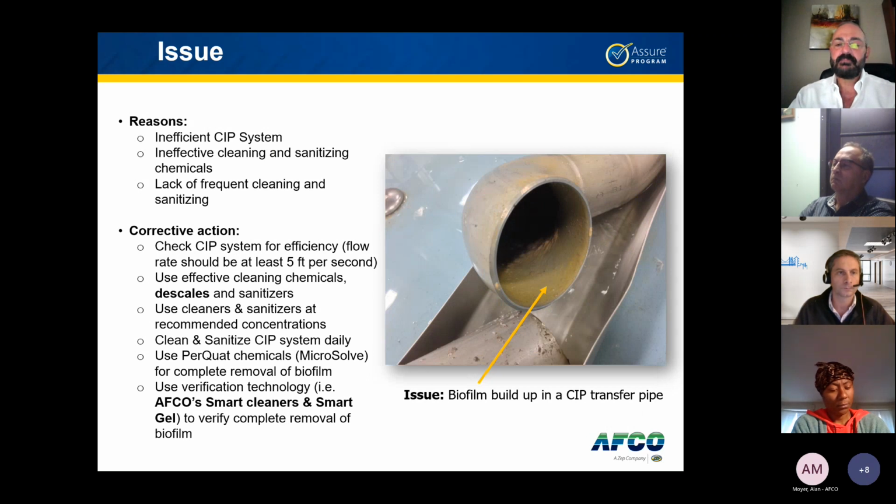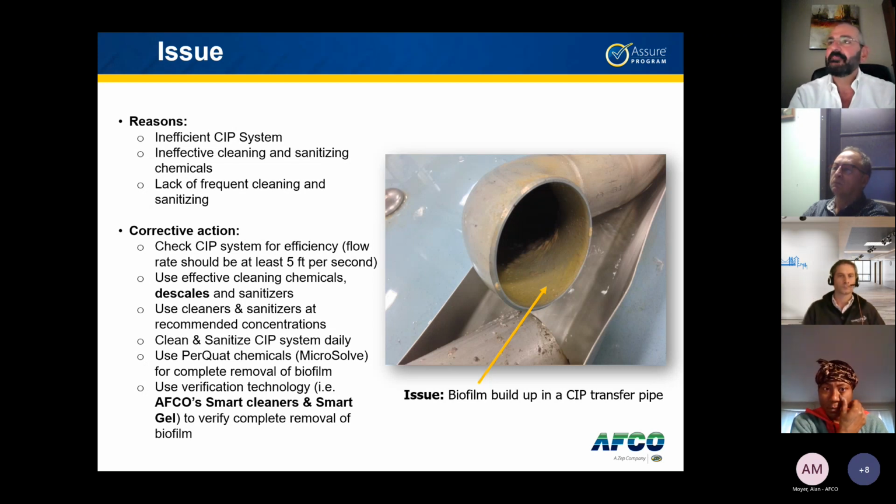This is a CIP pipe. Obviously, they're not doing a good job cleaning it. You have a biofilm in there. When you run a CIP system, make sure that the velocity of the liquid, the detergents or the water inside the pipes, is 5 feet per second minimum. So it will do some agitation, some physical action, and remove the organic matter from the surface.